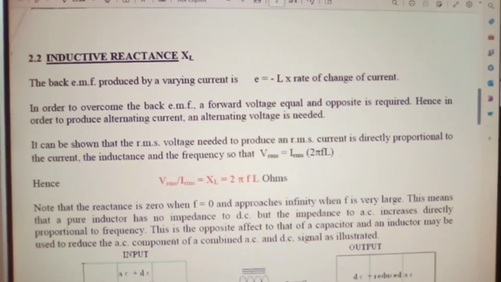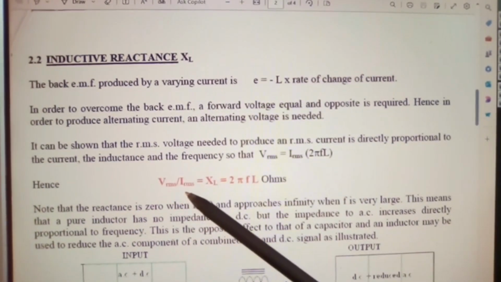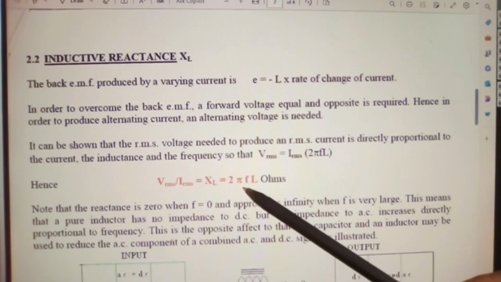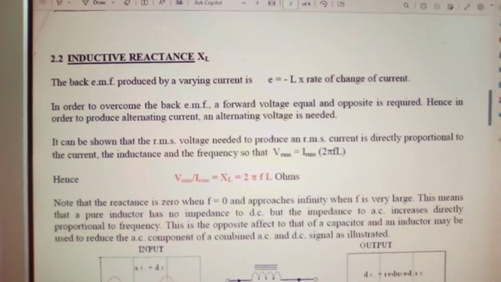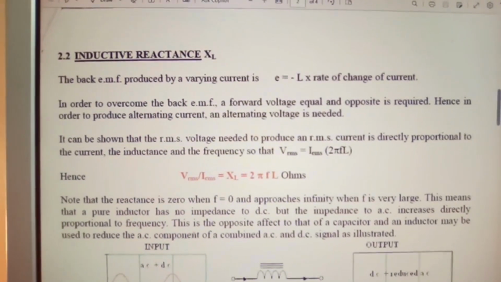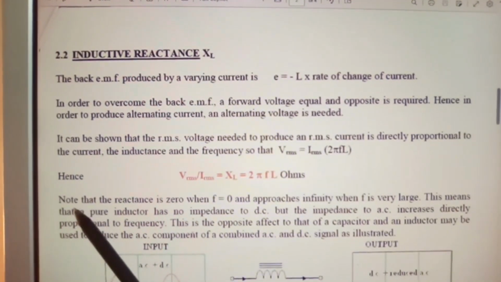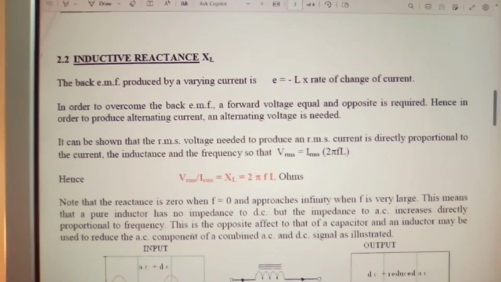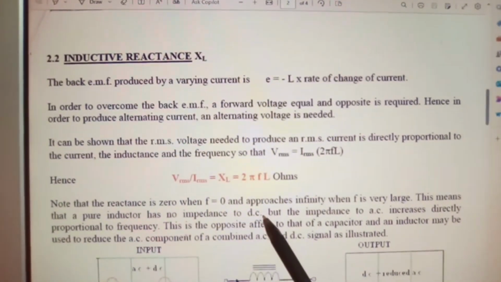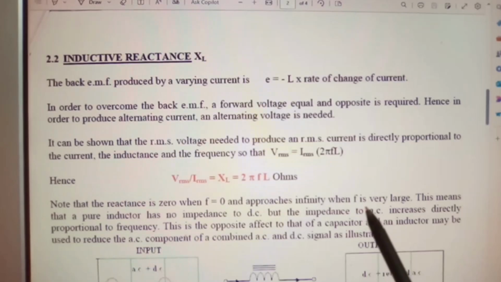Hence, V RMS over I RMS equals XL equals 2 pi FL, in ohms. Now note that the reactance is 0 when F equals 0 and approaches infinity when F is very large.